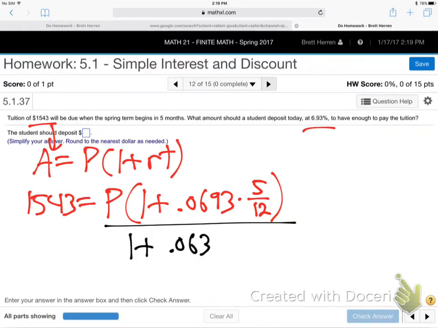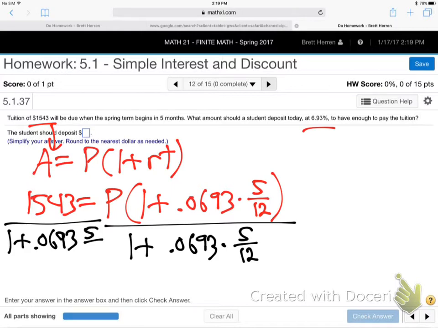Whoops. And whatever you do to one side, you have no choice but to do the same thing to the other. So these cancel. P is alone. And there's what you need to type into your calculator.